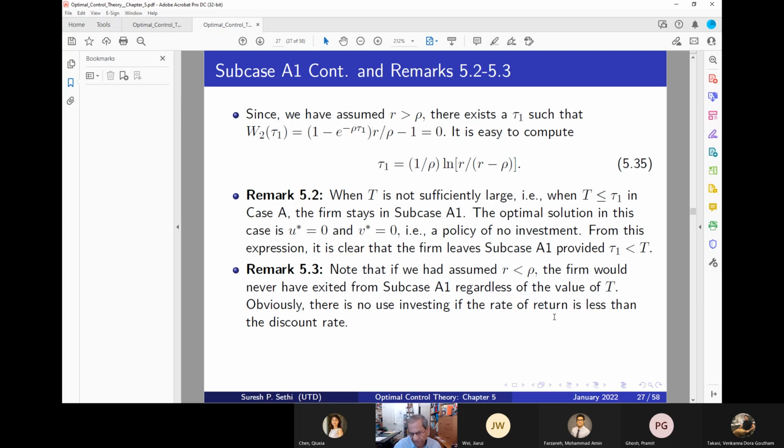So all it means is the company doesn't want to invest anything, doesn't want to raise any extra equity, and just works with the capital it has until that capital is no more valuable. In general, what it means in a situation like this is that the company will be liquidated and its asset, which is X0, will be sold in the market, and whatever the proceeds of that sale are will be distributed among the stockholders.